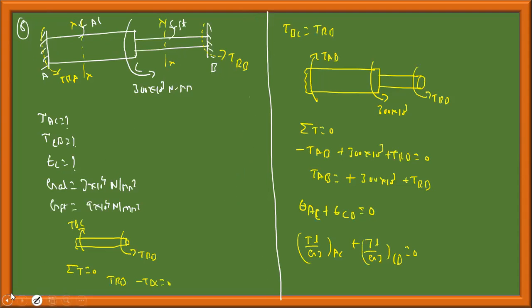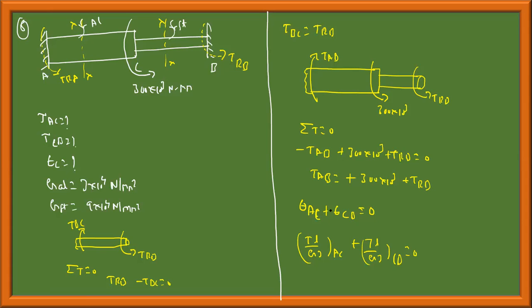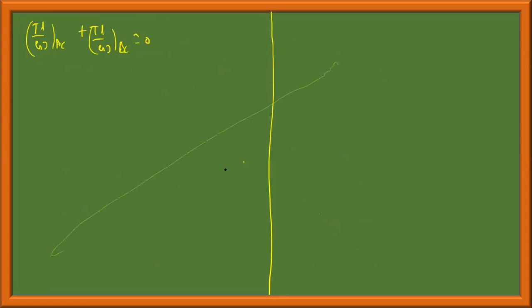Right? T of AC, torque in AC, which is nothing but TL by GJ, this is AC.